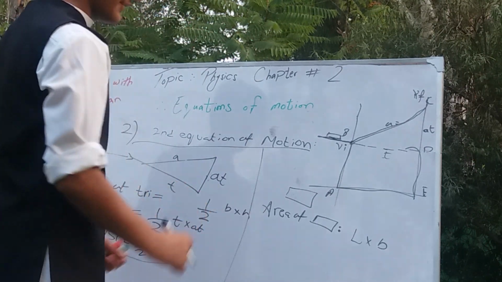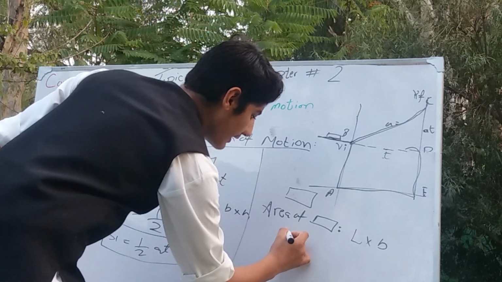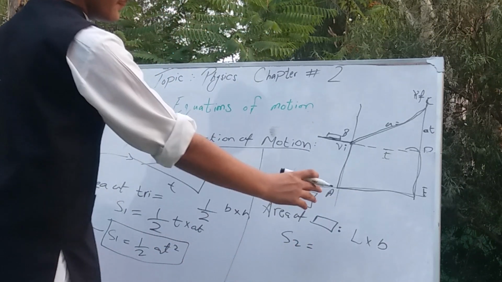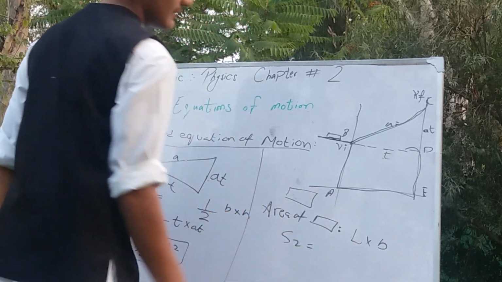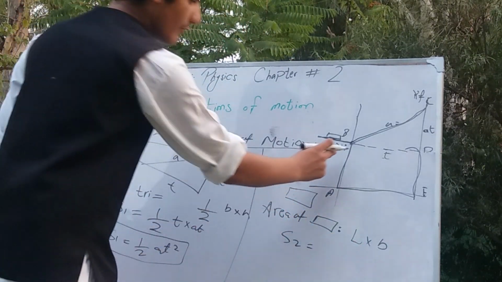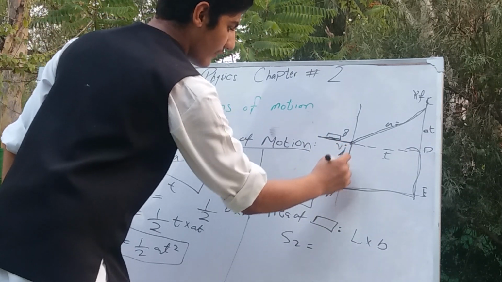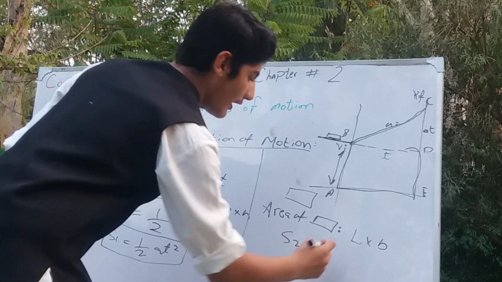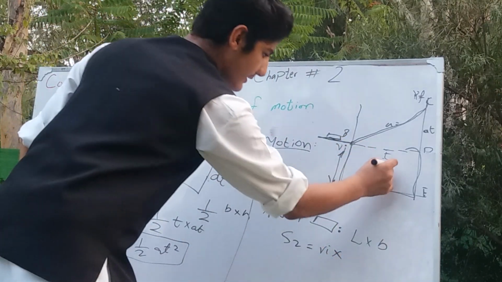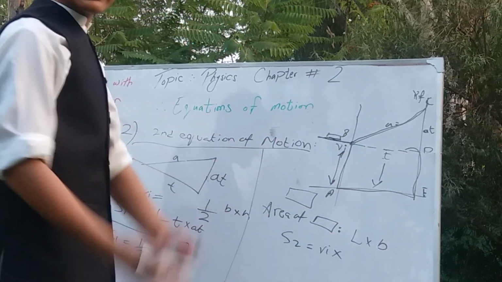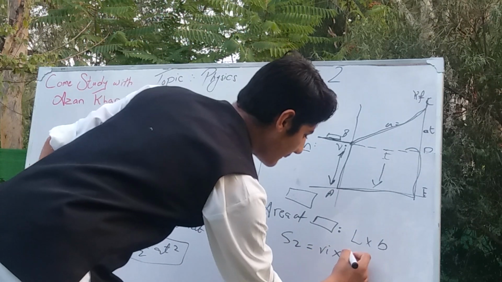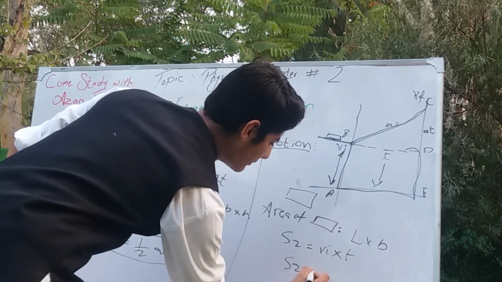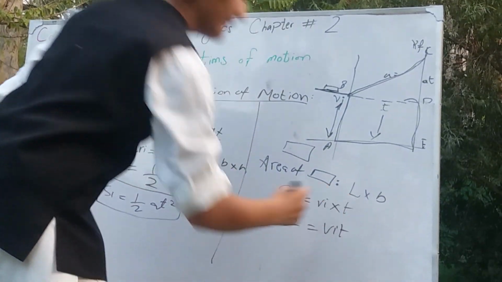So S2 is equal to length, which is Vi, multiplied by breadth, which is t, since he has traveled with respect to time. So S2 is equal to Vi t.